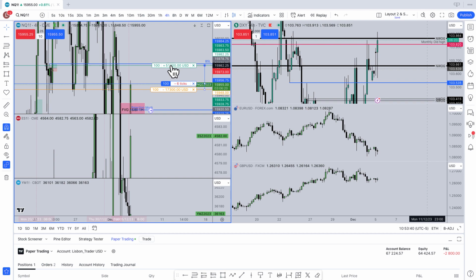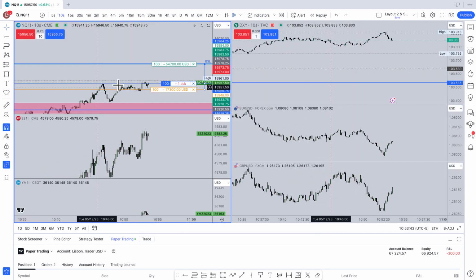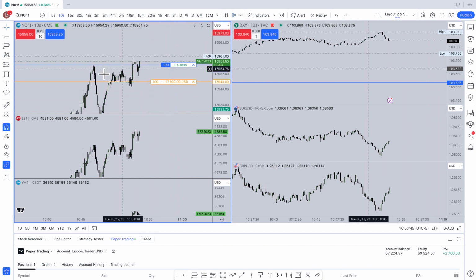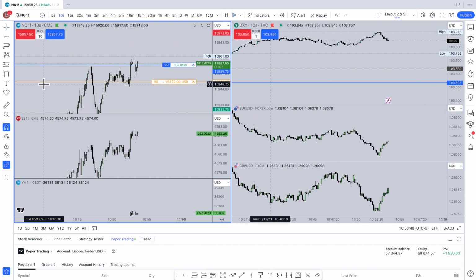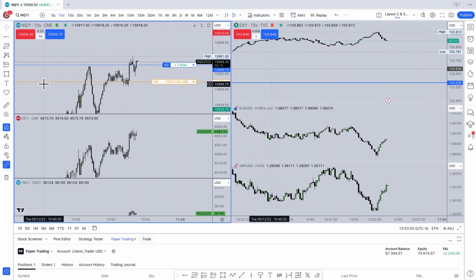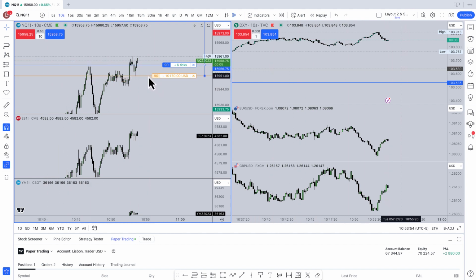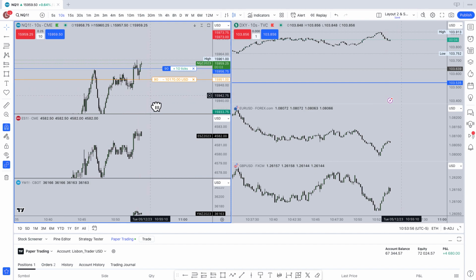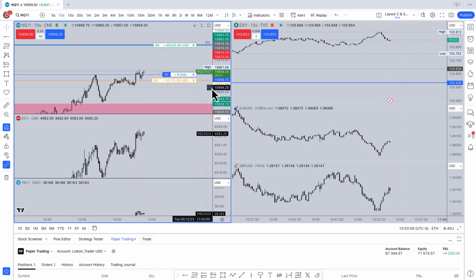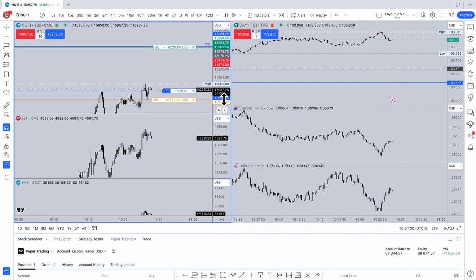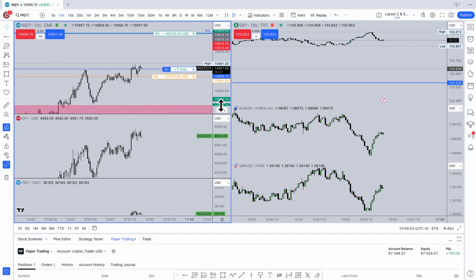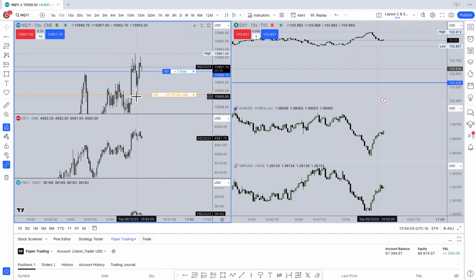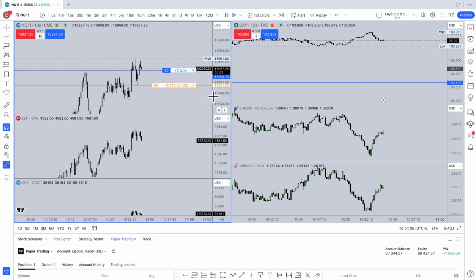We have buy side liquidity above. Just some risk there, 10k, so we just saved 7,000 in the risk by this going up, filling the fair value gap.